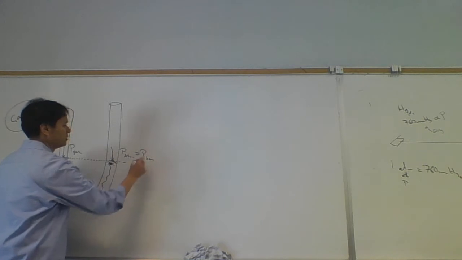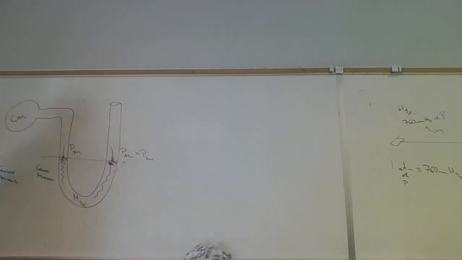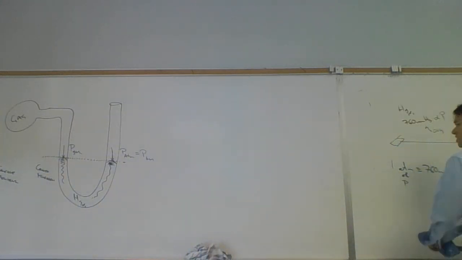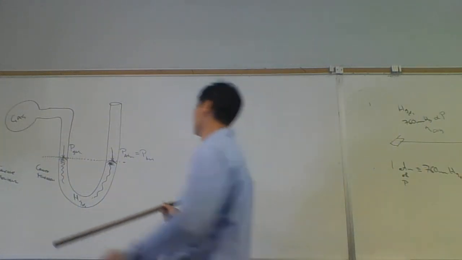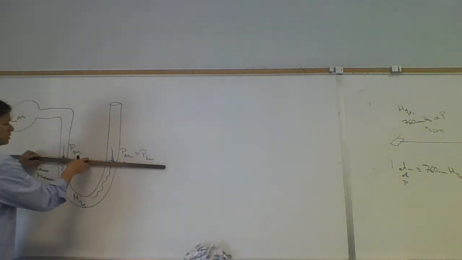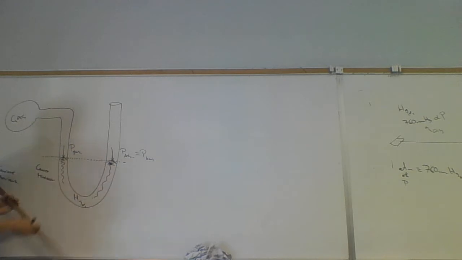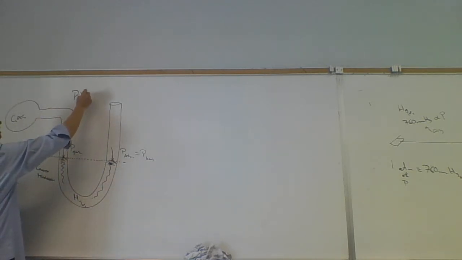Those are pretty much used interchangeably. And so the two weights are equal. If the two weights are equal, then it's balanced. And so the gas pressure is equal to the barometric pressure. So we just read the barometer. It's going to be the pressure of the gas.